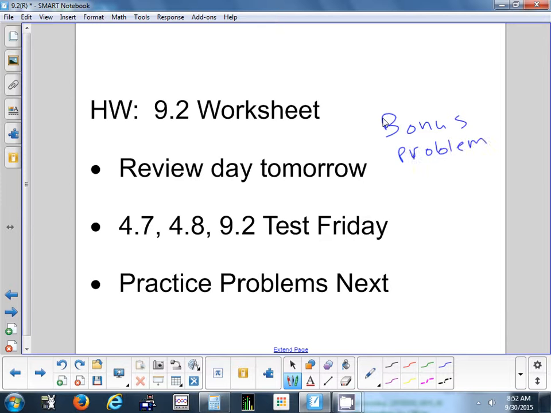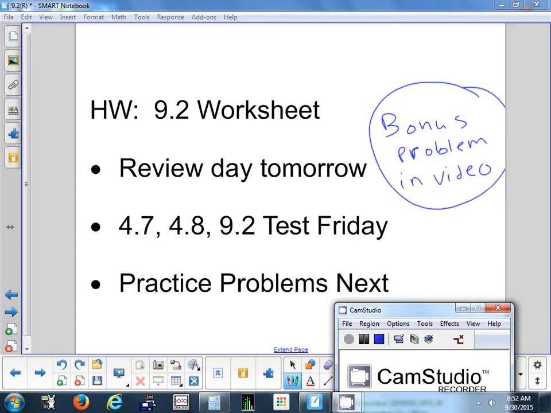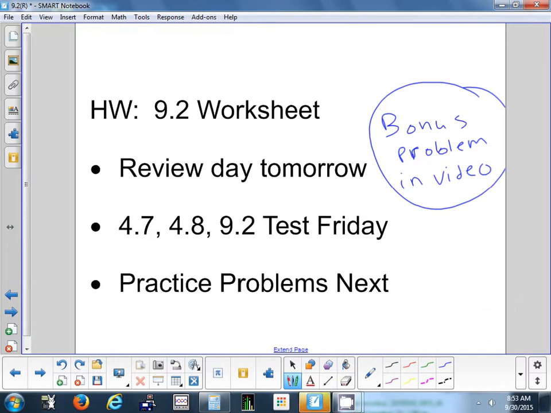And then 9-2, which was proportions and ratios that we did today. And we got some practice problems for you guys to do next. Remember, tomorrow is all review. Nothing new, just like last academic week, nothing new tomorrow. Like Mr. Hager just added, there's a bonus problem in the video. And that's for the test on Friday.